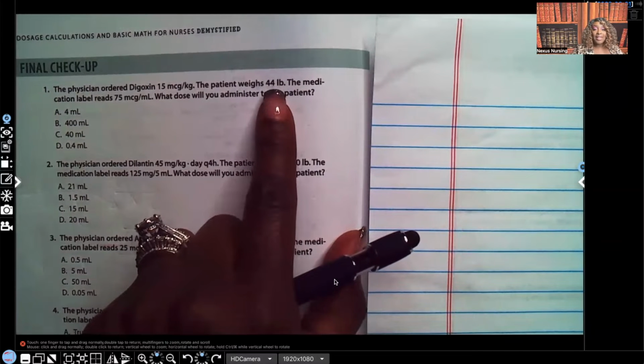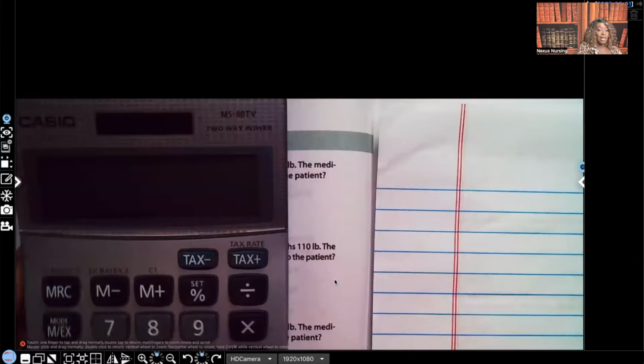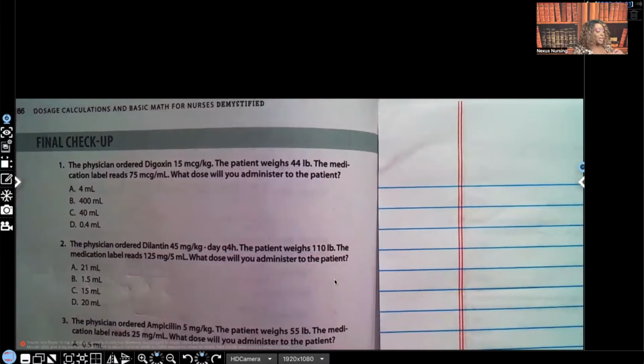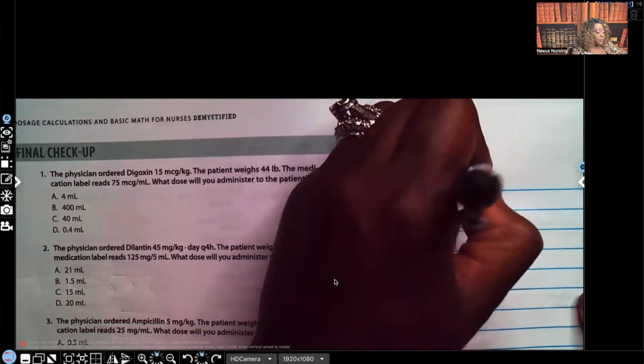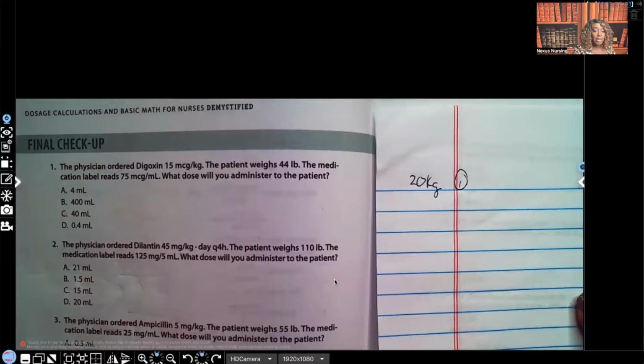How do we do that? Divide 44 by 2.2. Pull out your calculator. 44 divided by 2.2 gives me 20. My patient weighs 20 kilograms. I'm going to write that down so I don't forget.